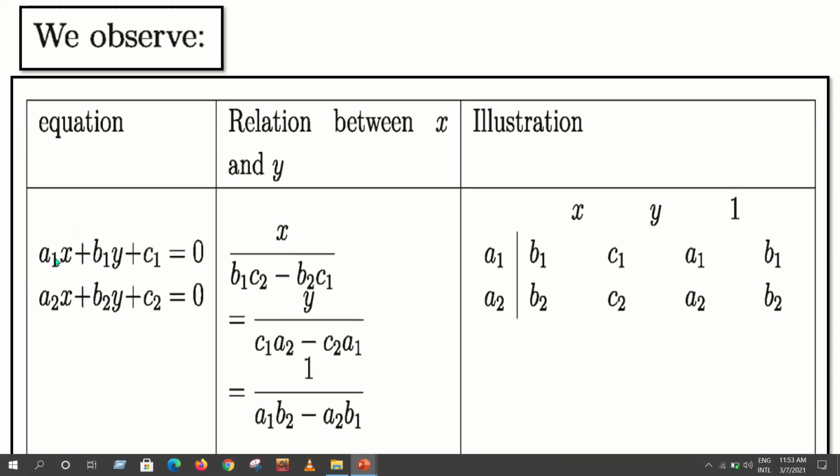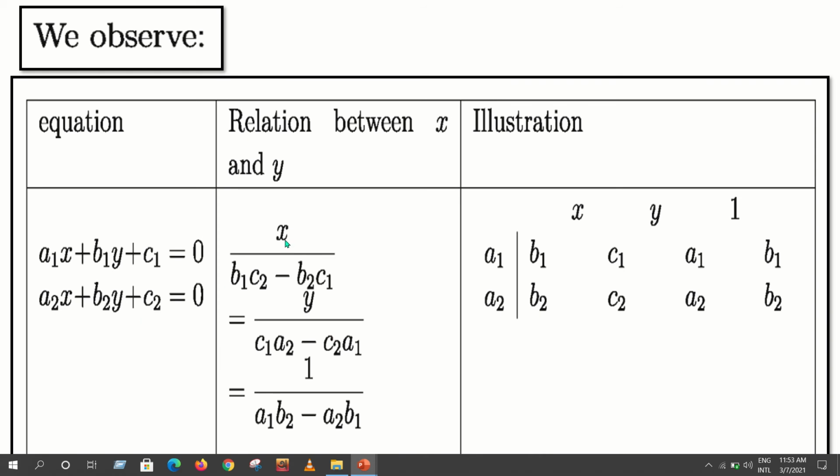Here are given two equations, a1x plus b1y plus c1 equals 0, and a2x plus b2y plus c2 also equals 0. We have got x divided by b1 c2 minus b2 c1, equal to y divided by c1 a2 minus c2 a1, equal to 1 divided by a1 b2 minus a2 b1. But how do we get this?